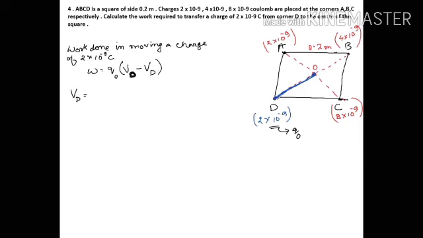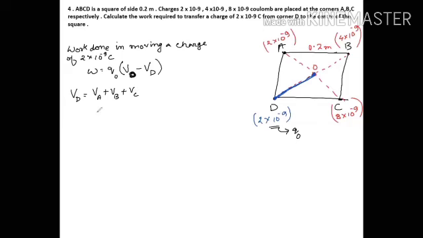Now the potential at point D will be due to these three charges which are fixed at the three corners, A, B, and C. So we will have three potentials, VA plus VB plus VC.